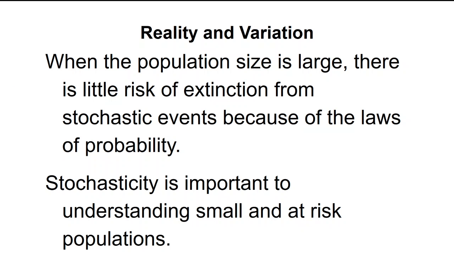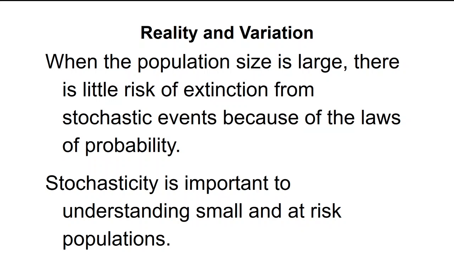Those are all things that we might characterize as stochasticity, or as stochastic. When the population size is large, we rarely are concerned about it going extinct from stochastic events. Usually those stochastic events are small enough relative to the population size that the population won't be wiped out entirely.